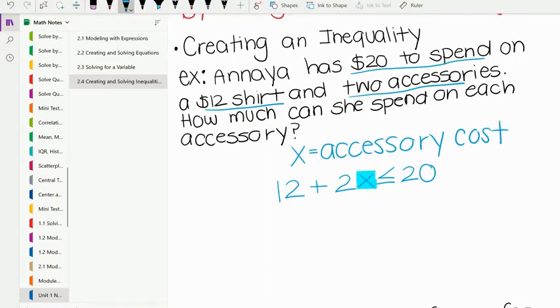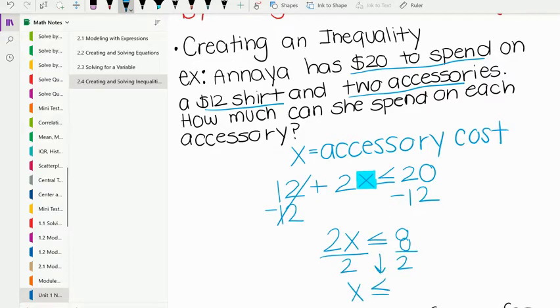Now I isolate that x. So I'm going to go ahead and subtract 12. So I do that, I get 2x is less than or equal to 20 minus 12, which is 8. Then divide by 2. I don't need to flip the inequality sign because we weren't dividing by a negative. Now, when it comes to writing my answer, the question asks how much can she spend on each accessory, and if my answer was x is less than or equal to 4, that doesn't really make sense.